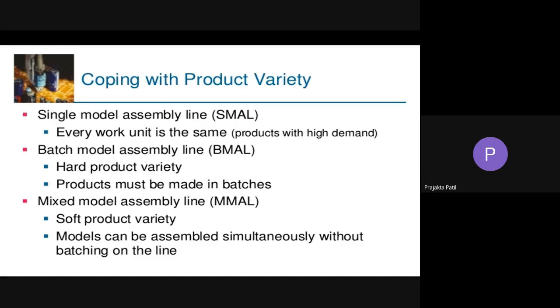So you can imagine a mixed model assembly line to be a washing machine with different models. There'll be this common assembly line, and maybe on one station there is one type of model working, on the other station there is another type of model. They are all going to have the same features, almost similar, but there will be very little variety in them. So that's why we say that it has a soft product variety.